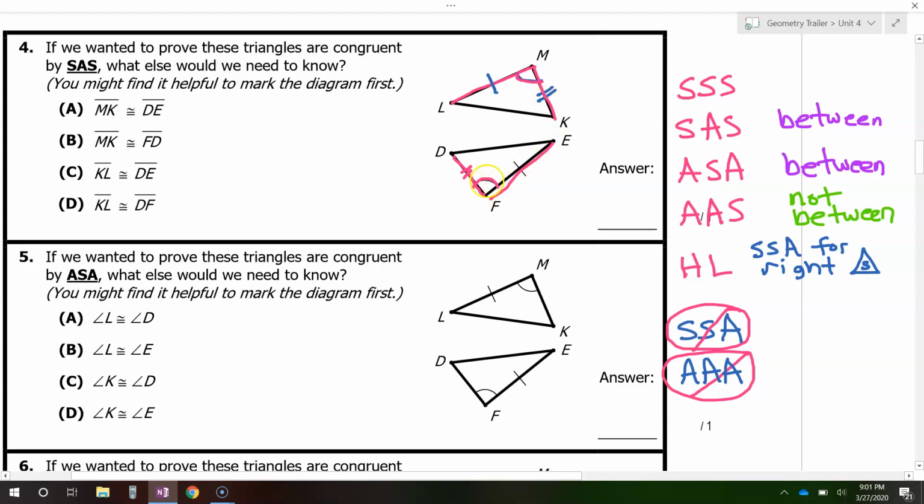So the additional pair of sides will be MK and DF. So I'm looking for MK congruent to DF. Now remember, this could be KM or FD. I see MK, but not DF. MK, FD, here it is.